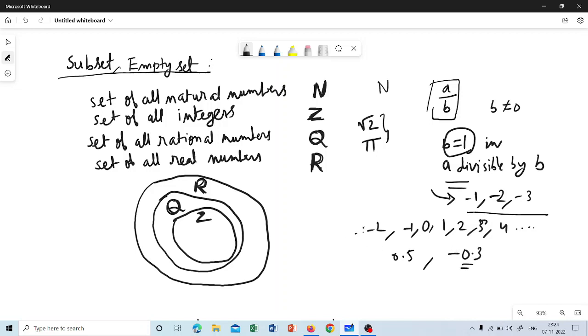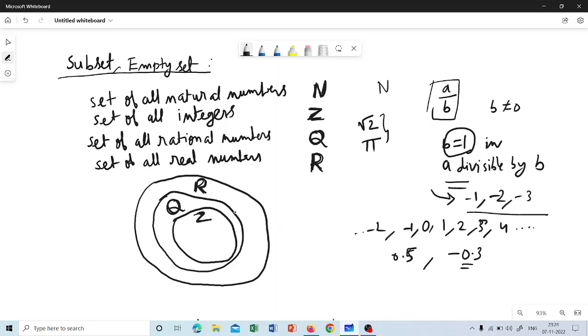These are decimal numbers, not integers clearly. Although all integers are rational numbers, not all rational numbers are integers. There may be fractions also.